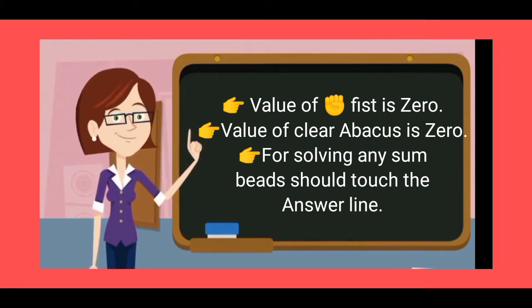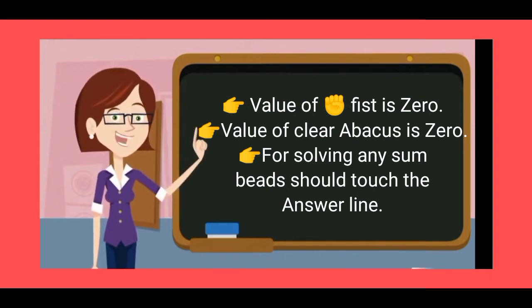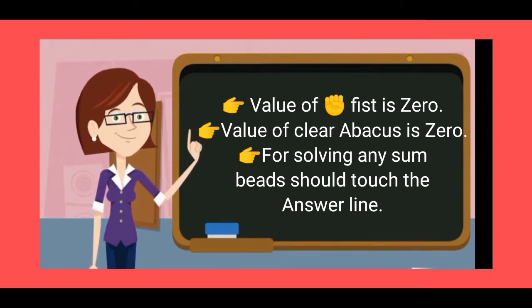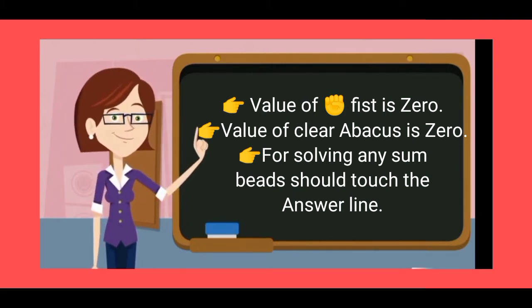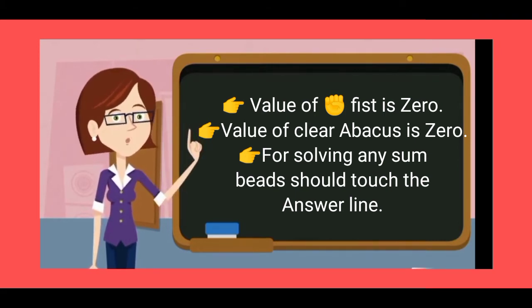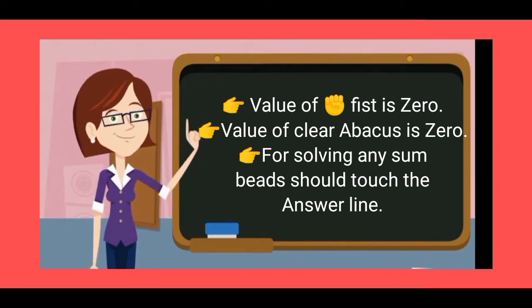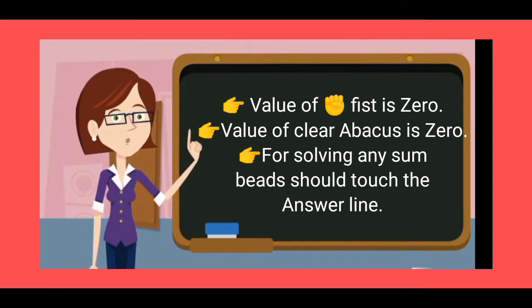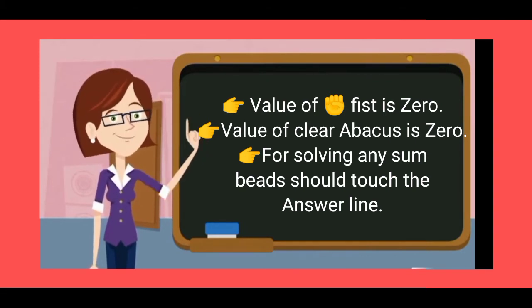Now for solving any sum, beads should touch the answer line. There is a middle line where the dots are there, which is called white dot, unit dot, right? So it should touch the answer line. Beads should touch the answer line. Okay?